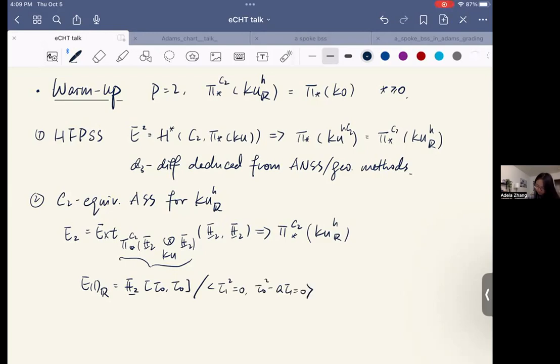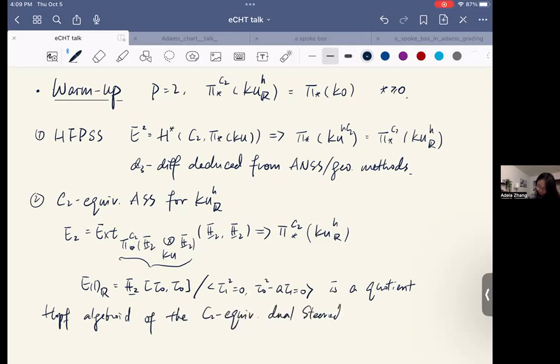So this is a quotient Hopf algebroid of the C2 equivariant dual Steenrod algebra, which is pi star C2 of F2 underline tensor F2 underline over the sphere spectrum.